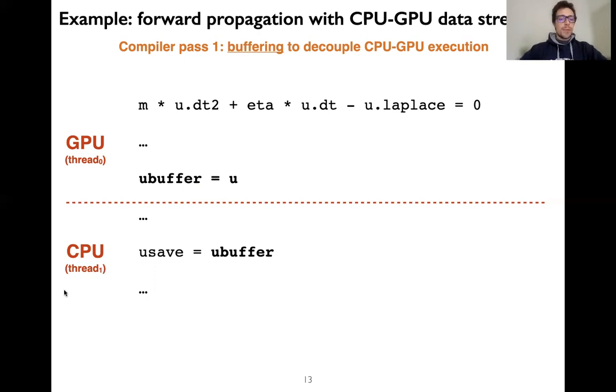Another thread running asynchronously on the CPU copies the data from the GPU buffer into the corresponding CPU buffer and saves it on usave, which, as I said before, is a piece of memory which lives on the CPU. So that's what the first compiler pass does.